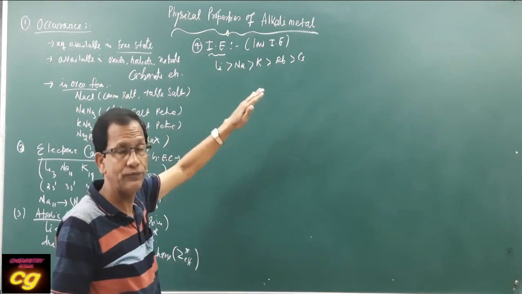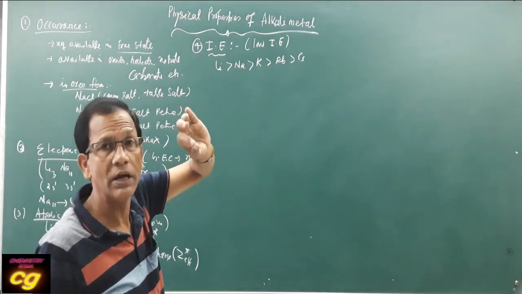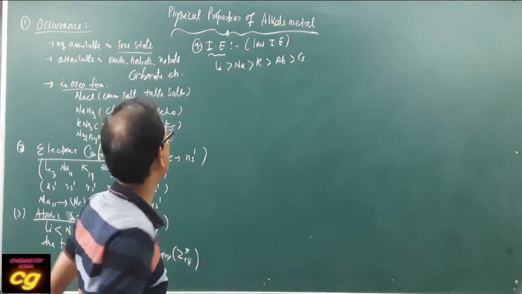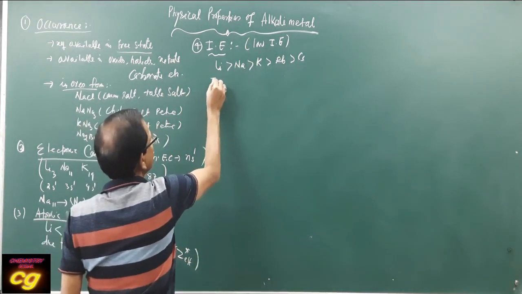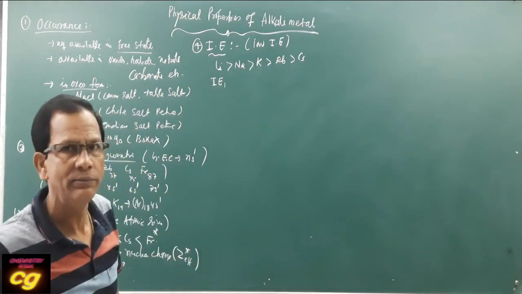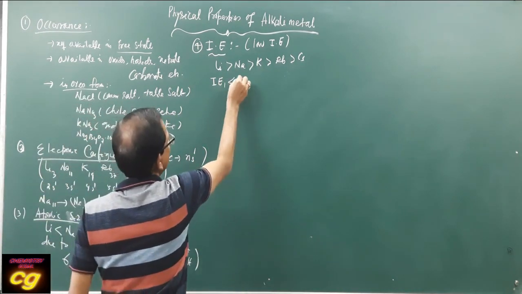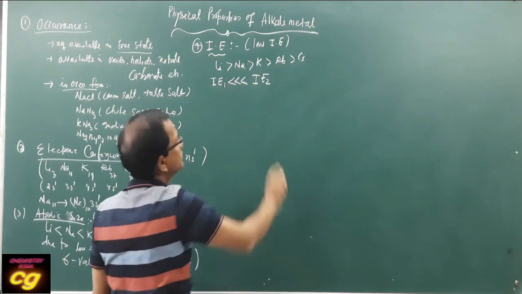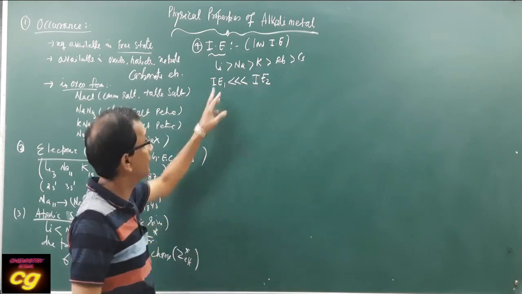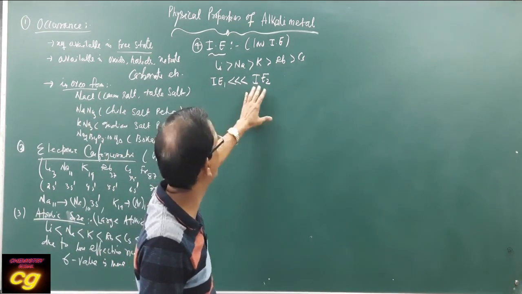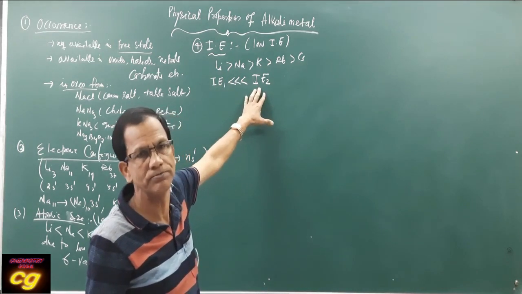As they have a single electron in their outermost shell, they can easily lose that electron. That's why the first ionization energy of alkali metals is very low compared to the second ionization energy.